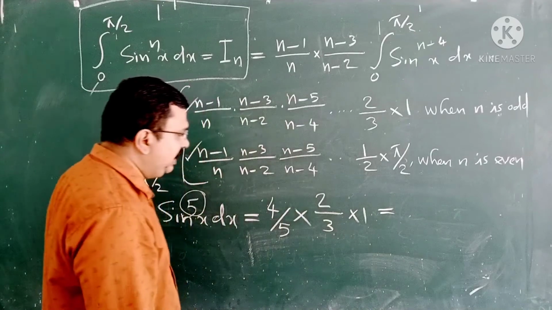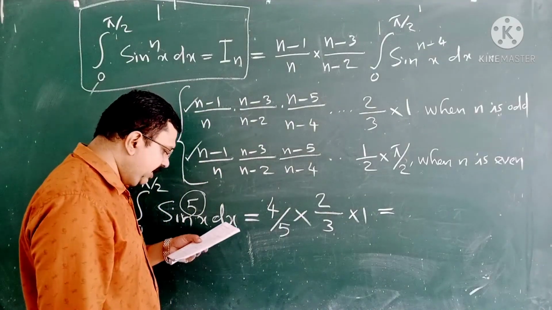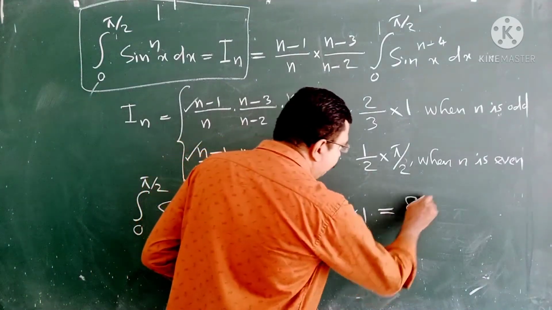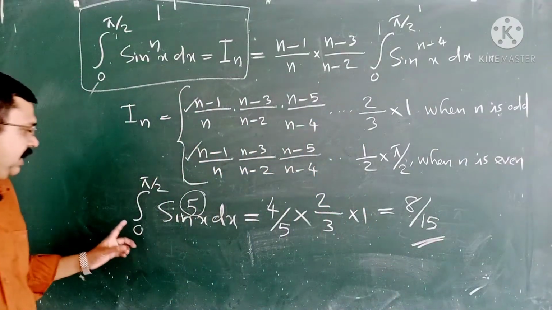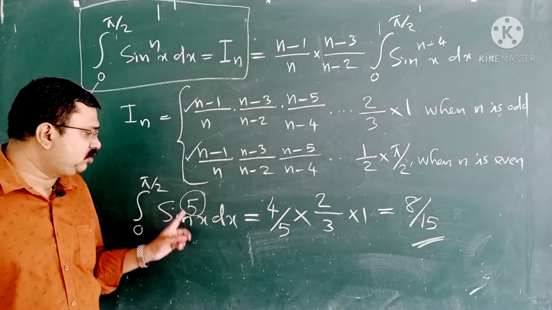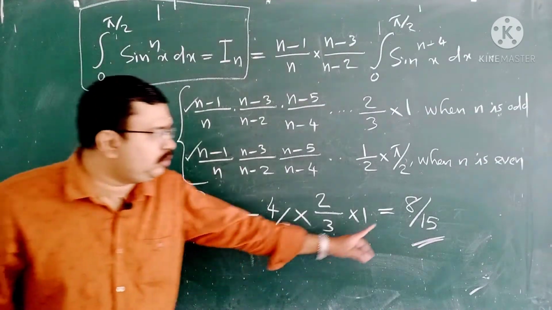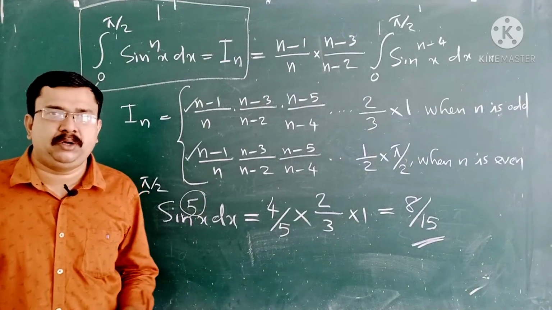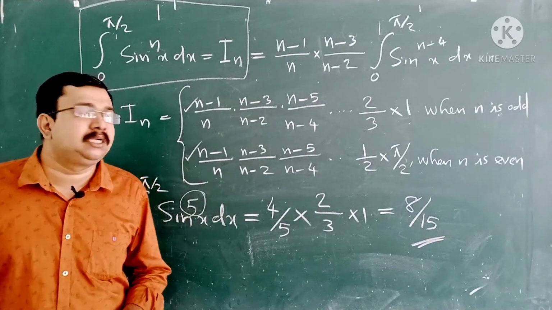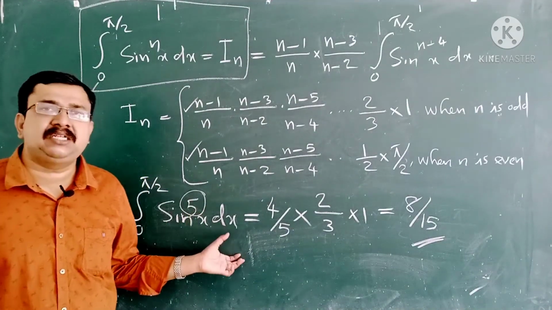Therefore the final answer is 8 by 15. The integral from 0 to pi by 2 of sin raised to 5x dx is equal to 8 by 15. Please write down in your notebook, very important, the reduction formula and its application.